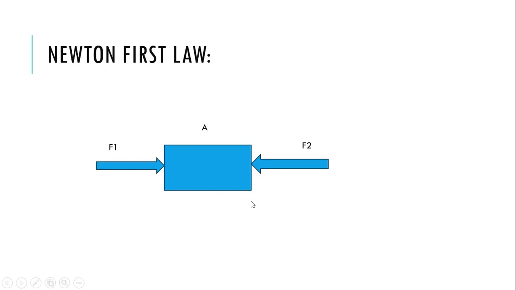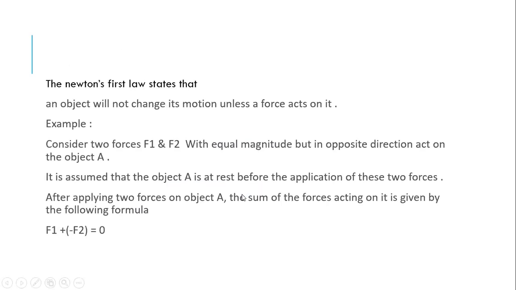As per Newton's first law, any body will retain its same position until and unless a force acts on the body. Otherwise, it will not change its motion. It will remain in the same state. So an object will not change its motion unless a force acts upon it. This is what Newton's first law states.